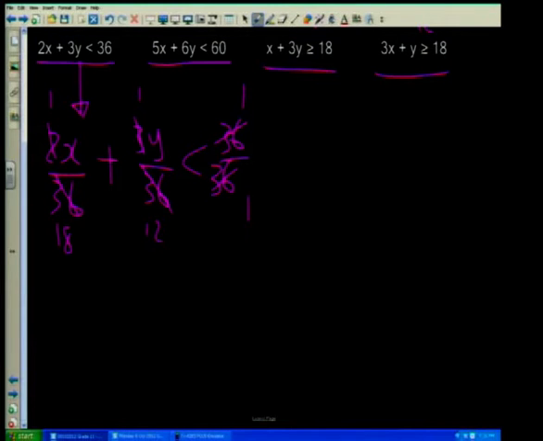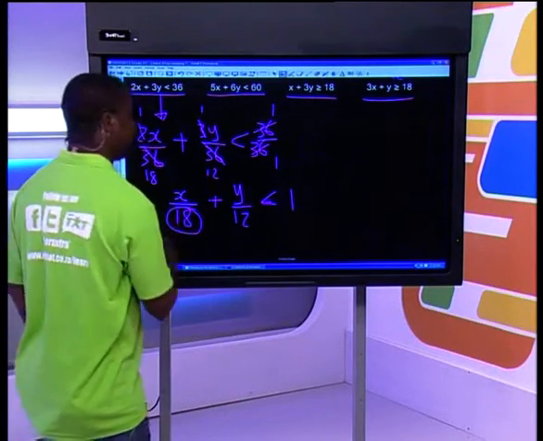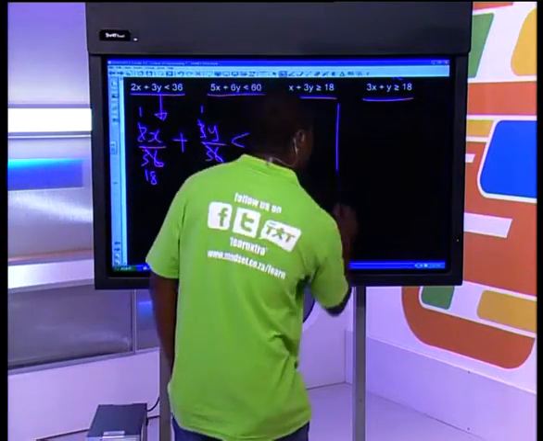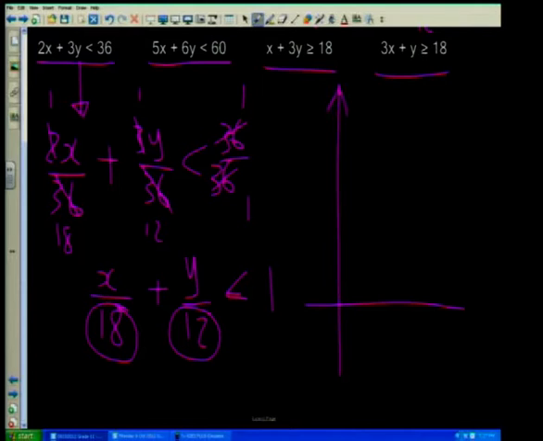So now our equation stands like this. It's the same equation, but transformed into the other form of a linear equation: x over 18 plus y over 12 less than 1 in this case. If you have it in that form, then you read 18 as your x-intercept and 12 as your y-intercept, straight into your graph paper. That's the y-axis, x-axis. On the x-axis, you're going to mark 18 as the x-intercept.